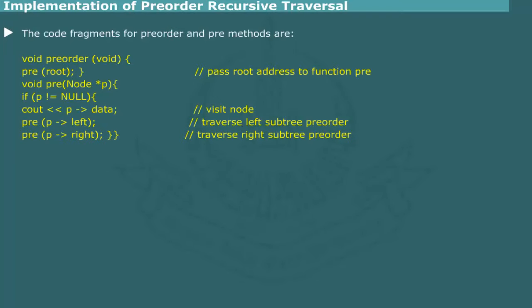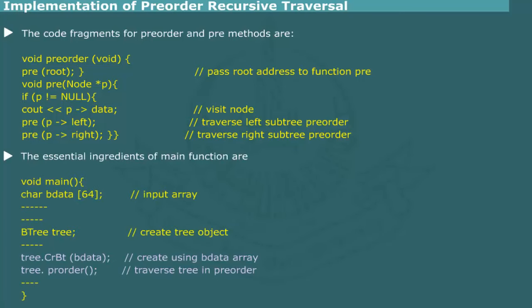The procedure is: invoke the helper function, visit the node and print data, traverse the left subtree in preorder, traverse the right subtree in preorder. The class methods are usually called from the function main in a C++ program. The essential ingredients of the main function are shown in the figure. The detailed coding is shown in the demonstration that immediately follows.